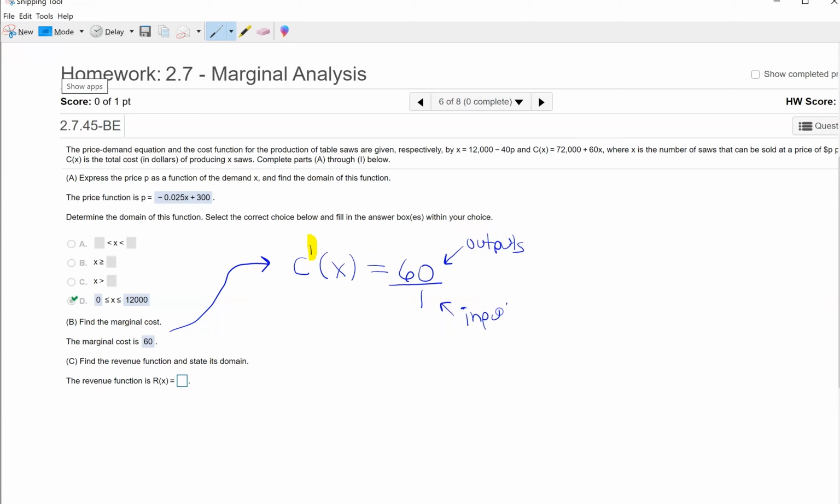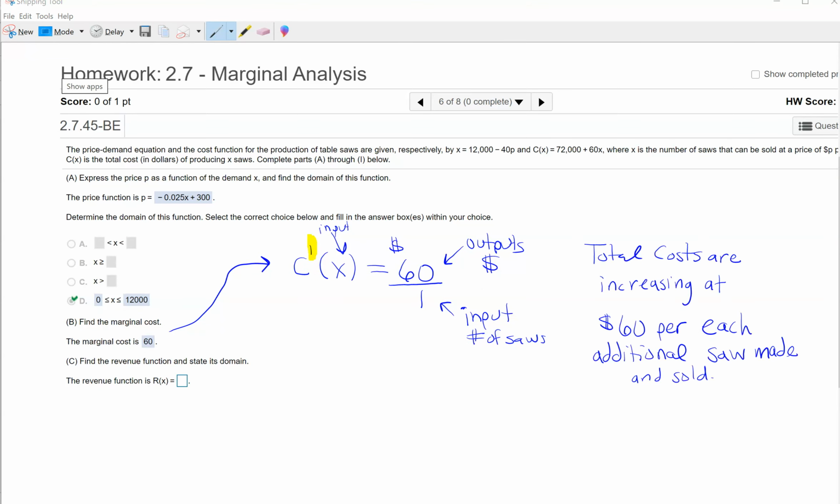So what was my output calculating? It was total costs in dollars. So the unit up here on the 60 is going to be dollars. And what was I inputting? What did x represent again? My input was the number of saws being made and produced. So what this marginal cost is telling me is that total costs are increased by $60 per saw.